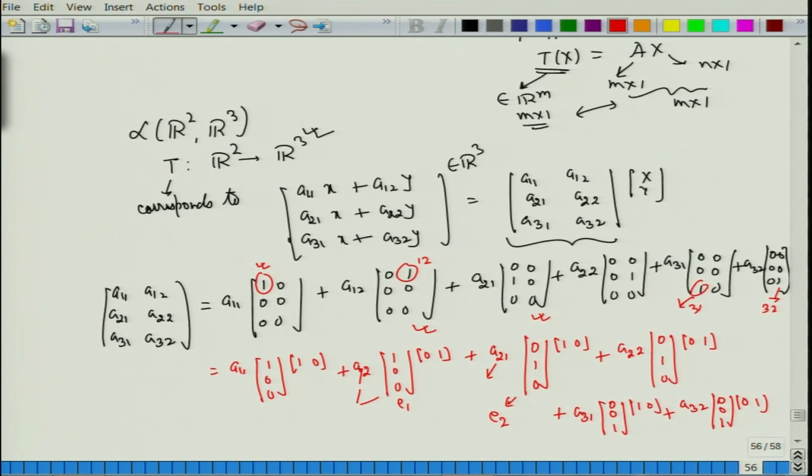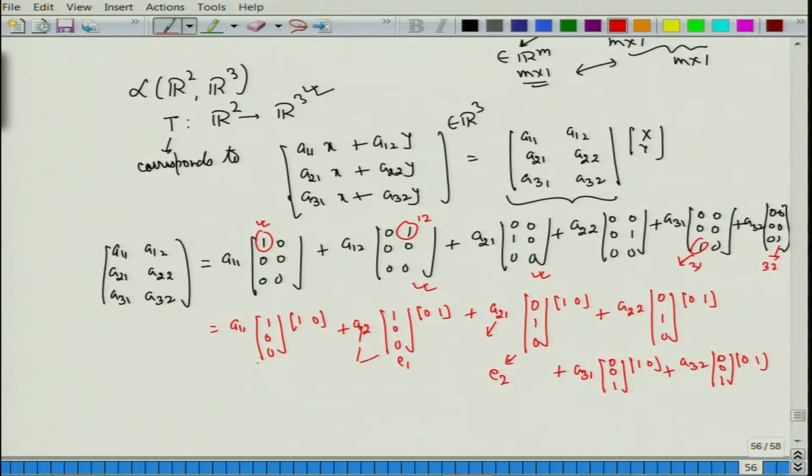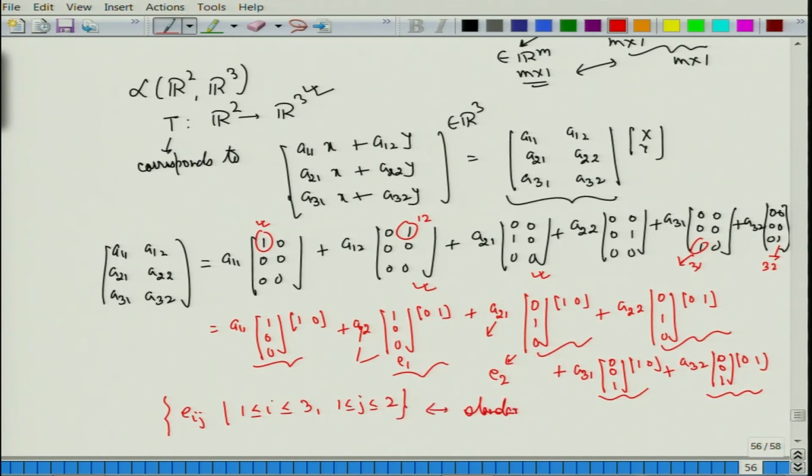So, what we can see here is that these matrices that I am writing here, if you recall, they were nothing but Eij, where 1 is less than or equal to i, less than or equal to 3, and 1 is less than or equal to j, less than or equal to 2. These were the standard basis of the matrices of size 3 cross 2, over R or over C, whatever you want.